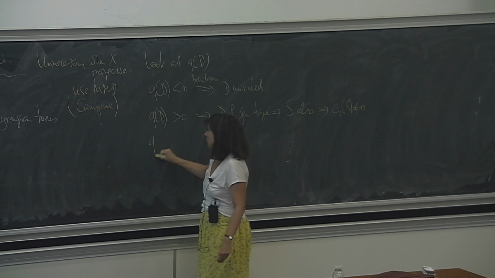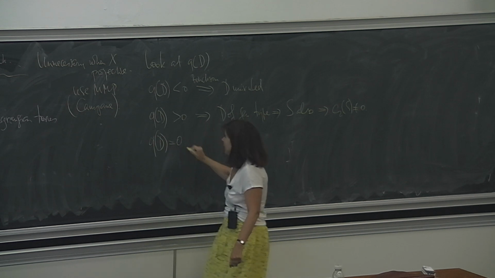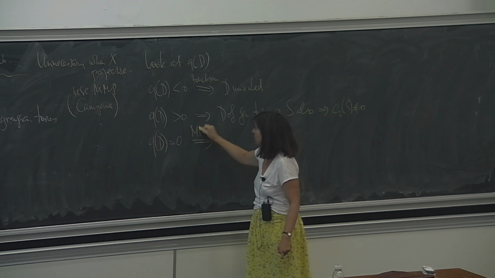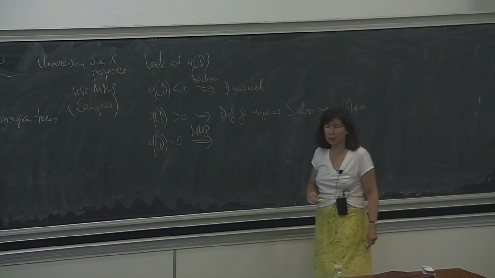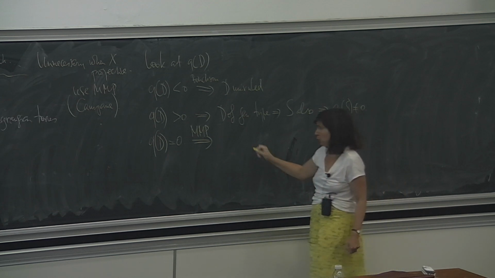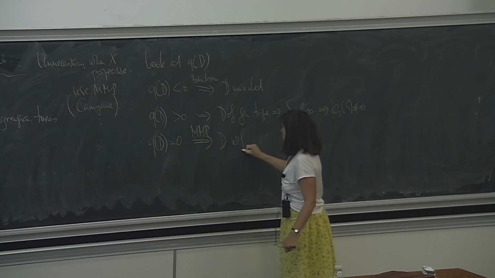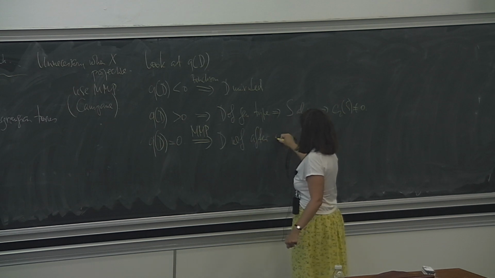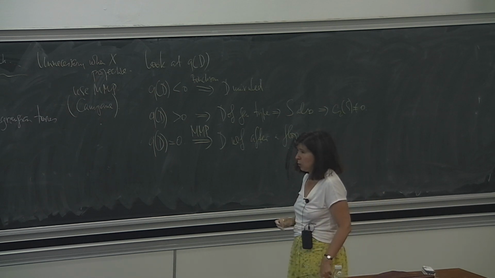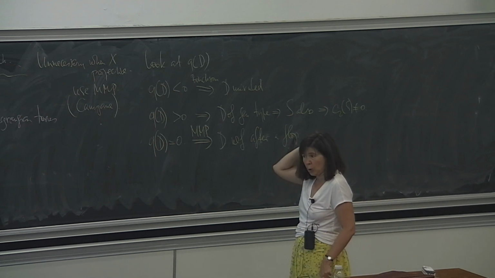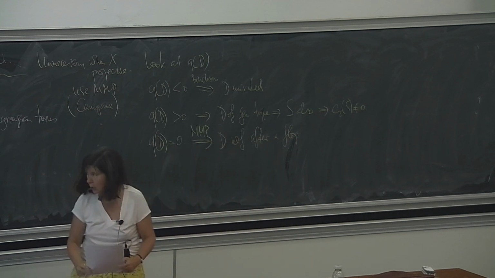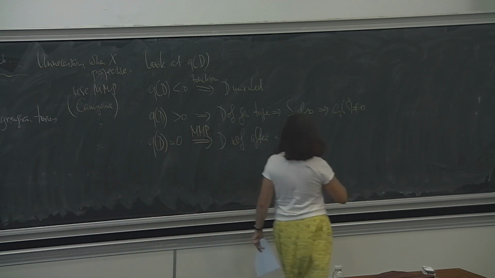Or Q of D is 0. And then we use MMP, well, which says that D becomes nef after a flow. And then you have this Iitaka fibration. Well, then you have Iitaka fibration.